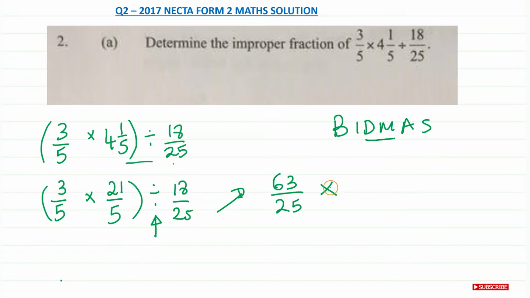So this is now going to be 25 over 18. This and this will cancel, and then we can see these are multiples of 9. There are 2 9s here and there are 7 9s here. So the answer is 7 over 2, and we're going to leave this as an improper fraction as asked.